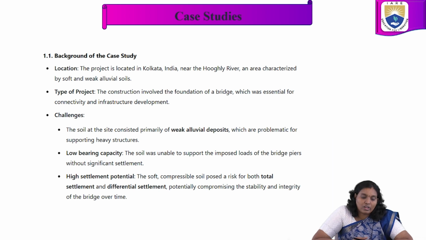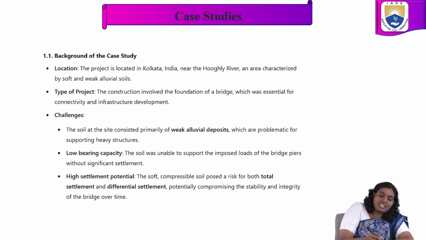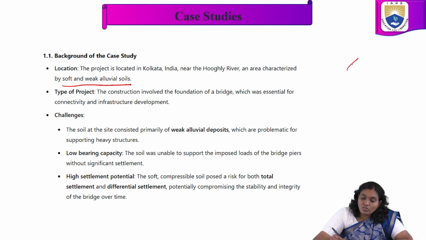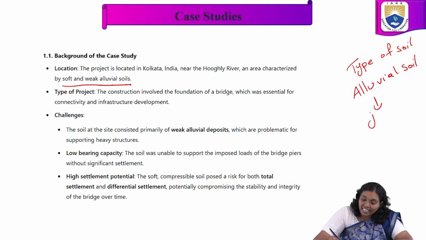we consider the project located in Kolkata, India, nearby the Hooghly River, an area characterized by soft and weak alluvial soil. According to the type of soil, here the type of soil is alluvial soil. So what are its characteristics?